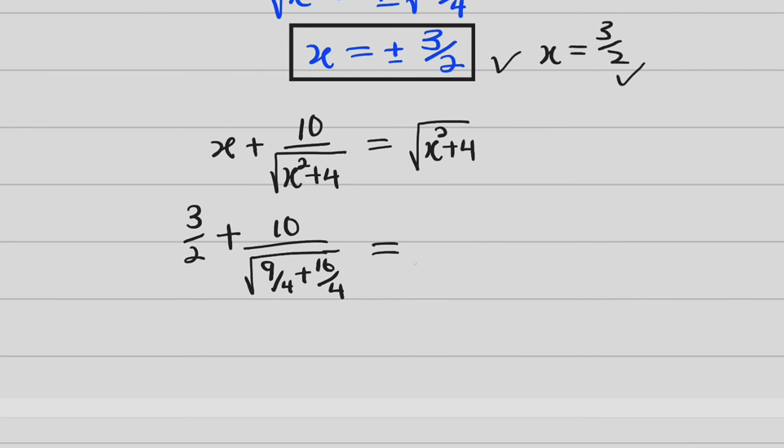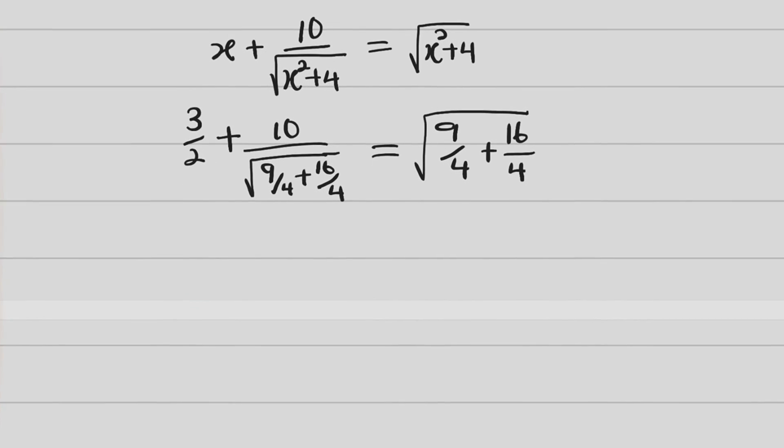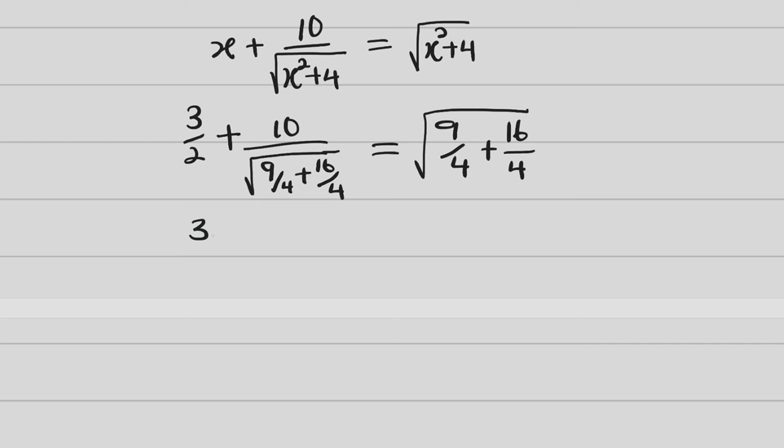To the right, we still have square root of 9 divided by 4 plus 4, which is the same thing as 16 divided by 4. To the left, we have 3 divided by 2 plus 10 divided by the square root of 9 plus 16, which is 25 divided by 4. So we have square root of 25 divided by 4.